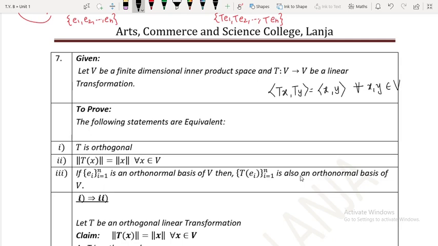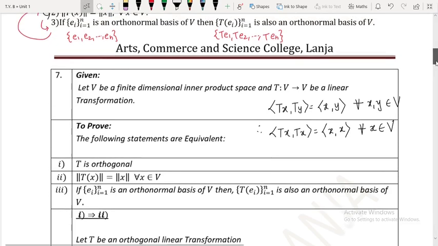Now if I take in particular y is equal to x, what will happen? Therefore inner product of Tx with Tx will be equal to what? Inner product of x with x for all x belonging to V, right? But what is inner product of x with x?